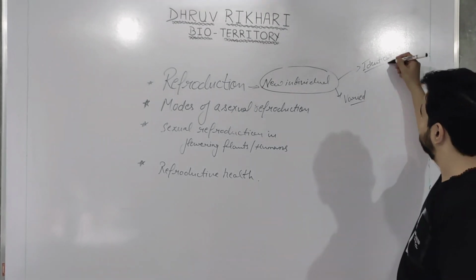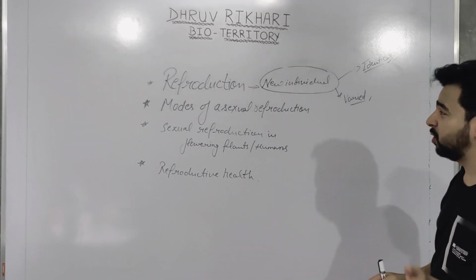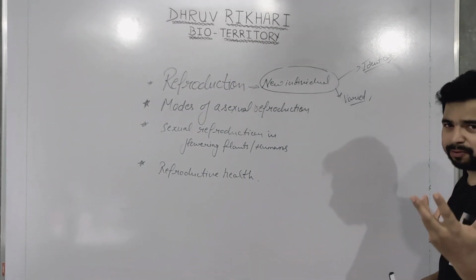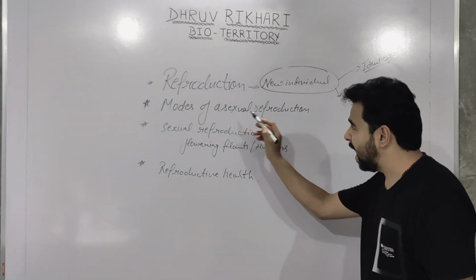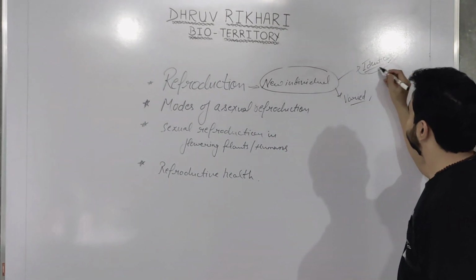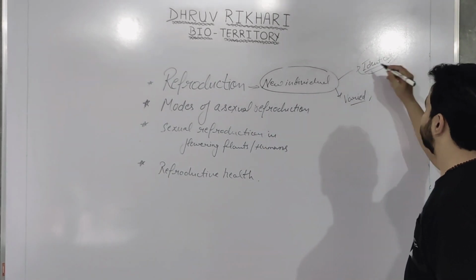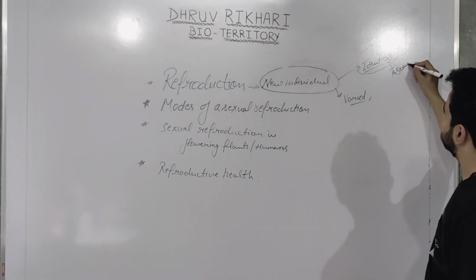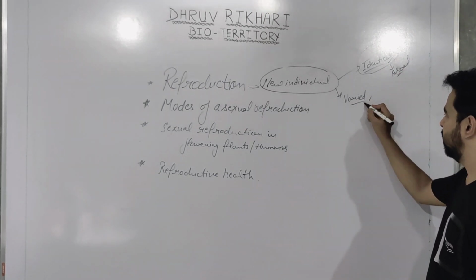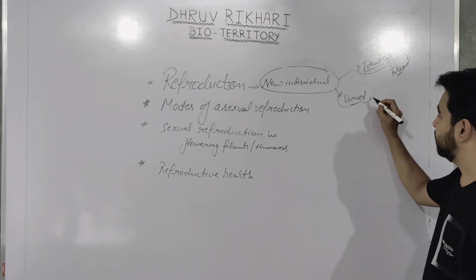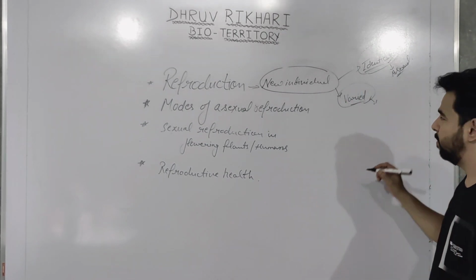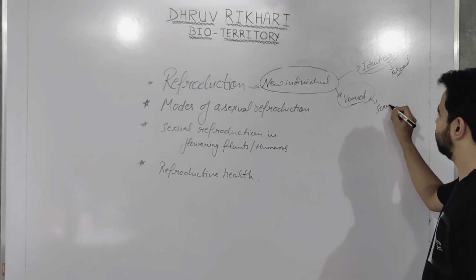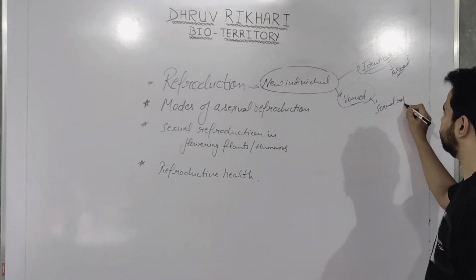We use these two terms for the offspring on the basis of mode of reproduction. Identical copies mean the asexual mode of reproduction, and variations mean the sexual mode of reproduction, right?